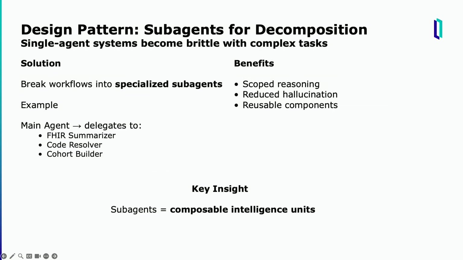Sub-agents help control complexity. Instead of having just one agent trying to hold the entire problem in context, we should create specialized reasoning units, such as a summarizer, a code resolver, or a cohort builder. That decomposition usually improves reuse, reduces hallucinations, and makes the system easier to test.